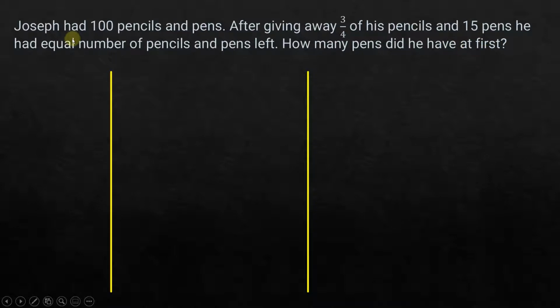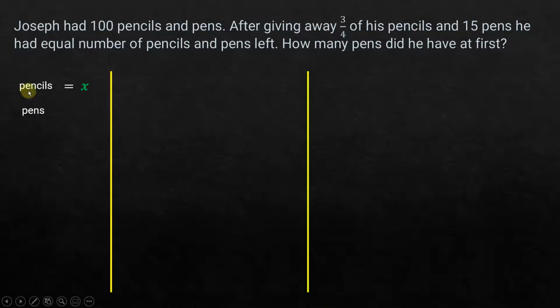So what we know here is that Joseph had 100 pencils and pens, but we don't know how many pencils and how many pens. So let's assume that pencils is equal to some quantity x. Instead of units, here we are going to use alphabets.